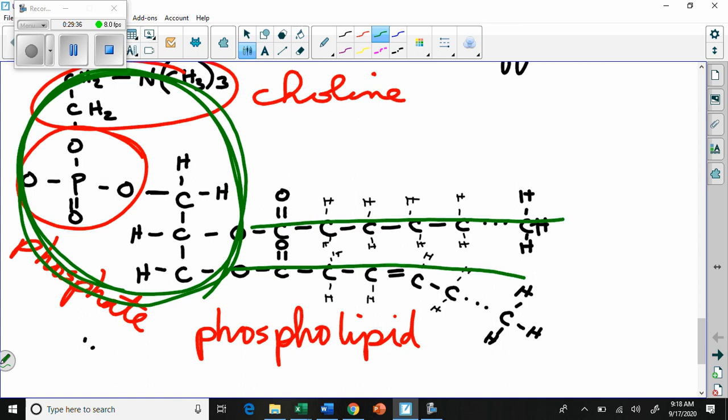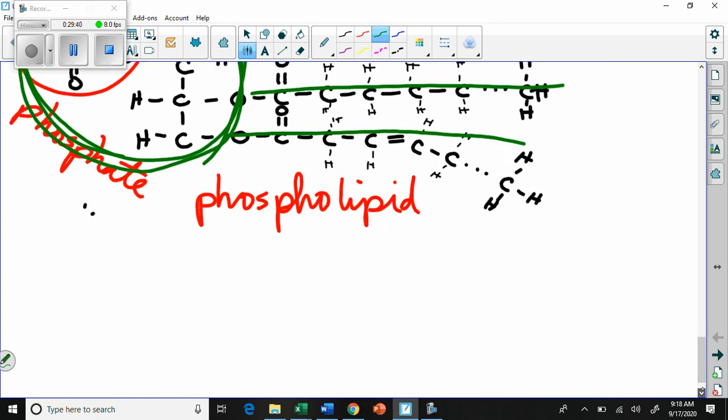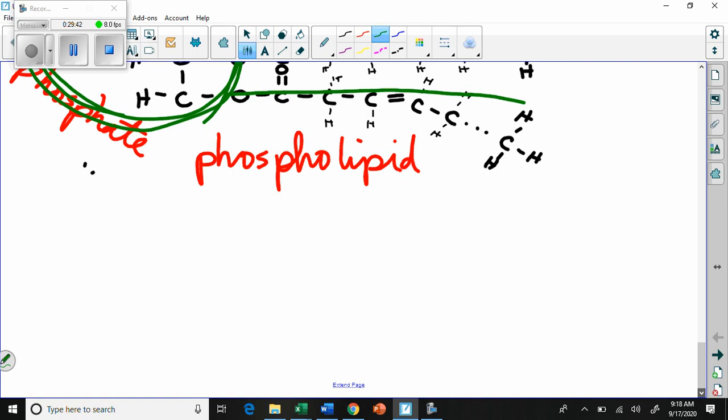And so we simply draw this as a simple shape, but we have to understand what it is. When you learned about the fluid mosaic model, you may have drawn these little molecules, right? And you might have said, oh yeah, those are phospholipids, and now you understand exactly what they are. Here's the interesting thing, though.